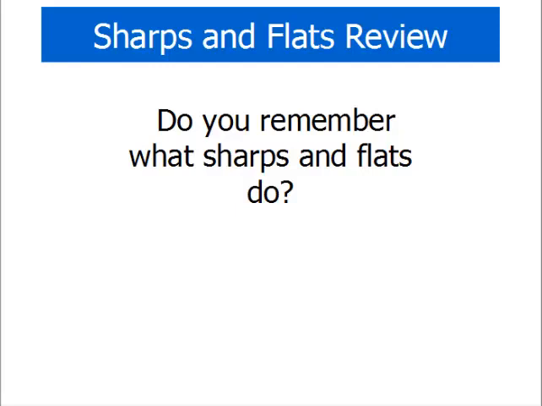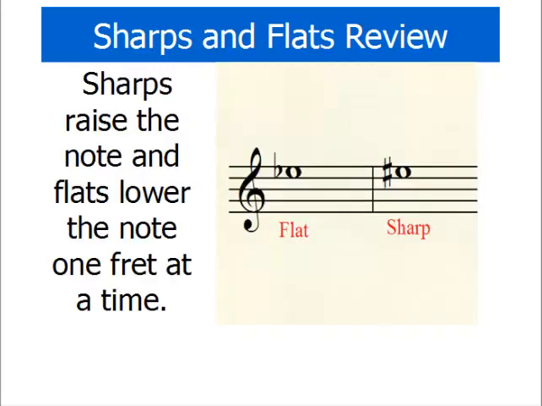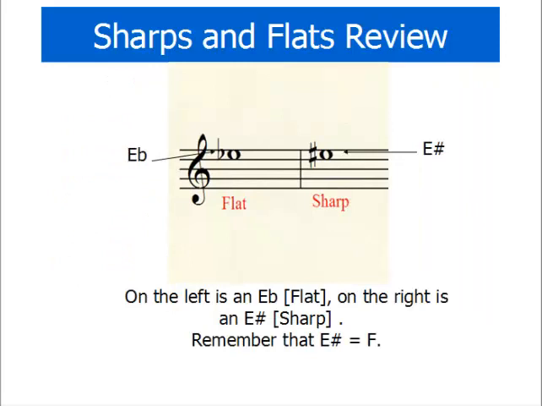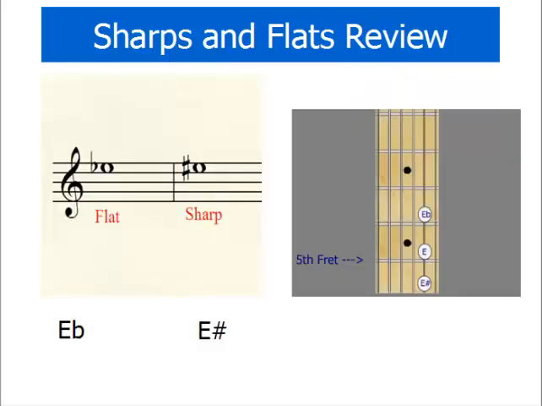Do you remember what sharps and flats do? Sharps raise the note, and flats lower the note 1 fret at a time. So, if we have an E flat, it's 1 fret lower than E. If we have an E sharp, it's 1 fret higher than E. E flat, E sharp.